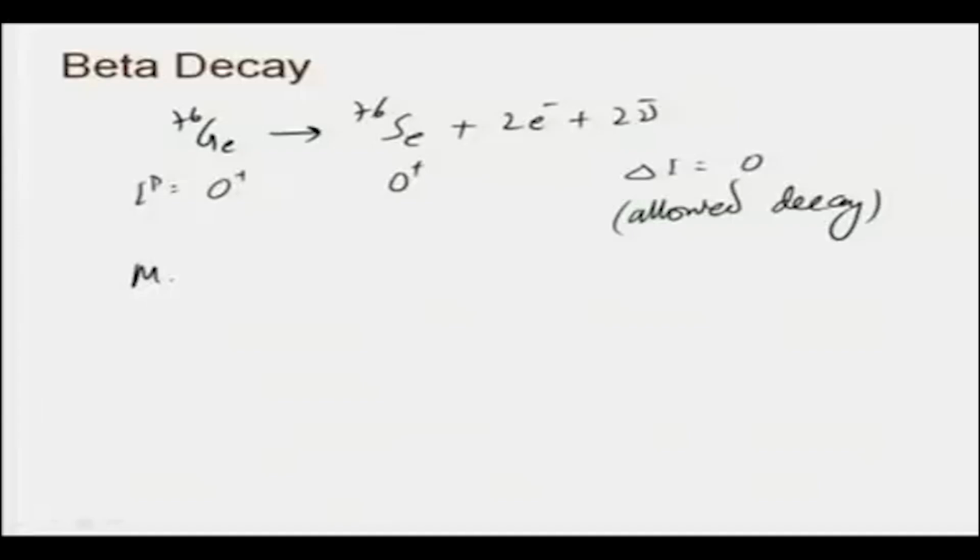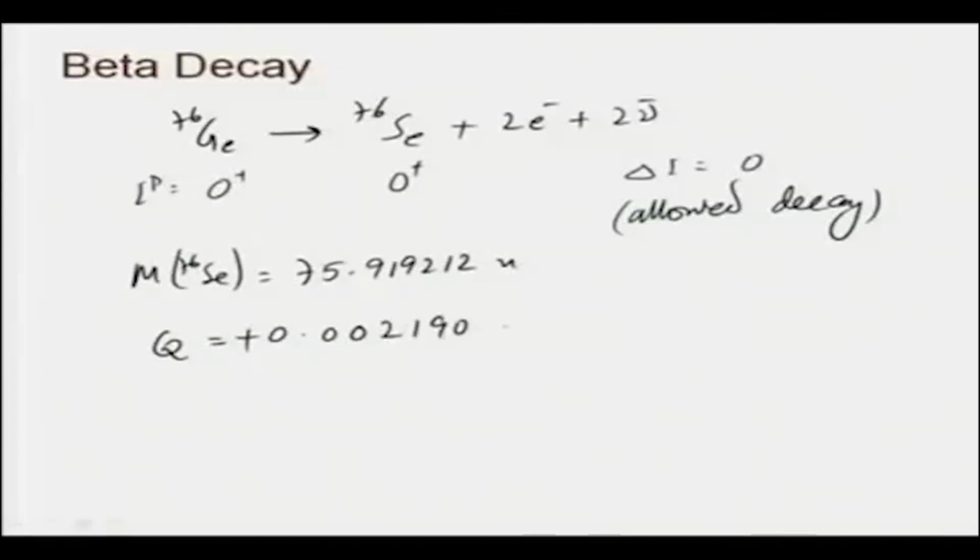What about the masses? M of Se 76 is equal to 75.919212 units, and Q turns out to be equal to plus 0.002190 U, whatever the corresponding MeV is.